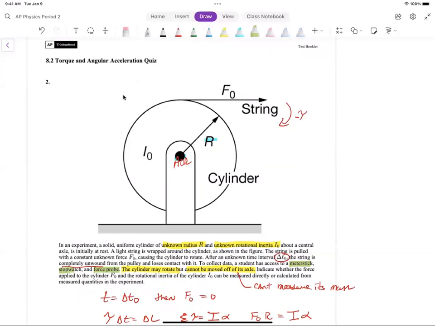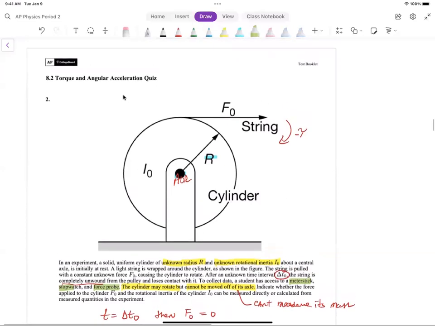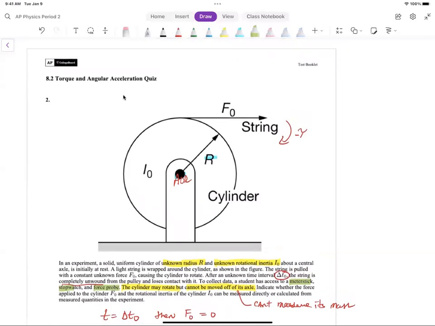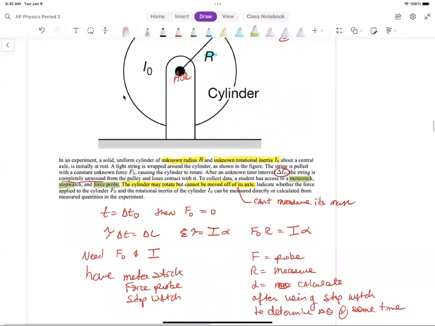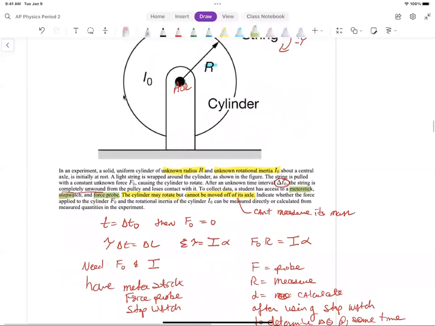Indicate whether the force applied to the cylinder and the rotational inertia of the cylinder can be either measured or calculated. And what do we have? I have it highlighted in green. We have a meter stick, a stopwatch, and a force probe. I need the force applied, and I need the moment of inertia, I.